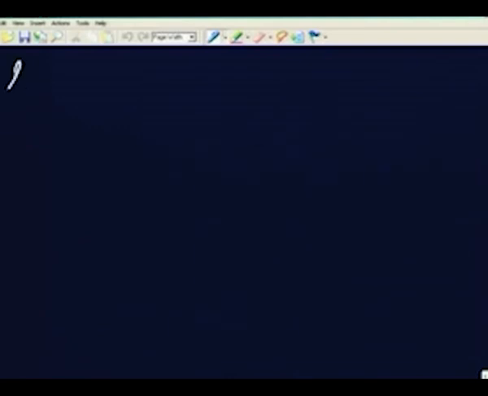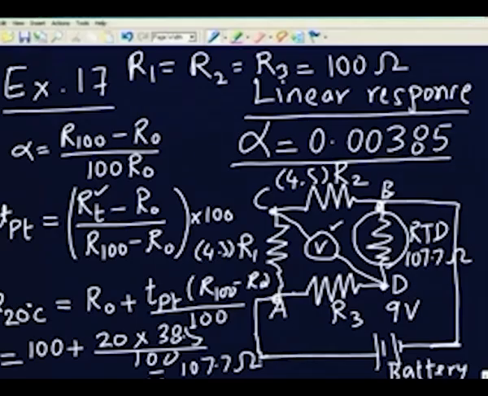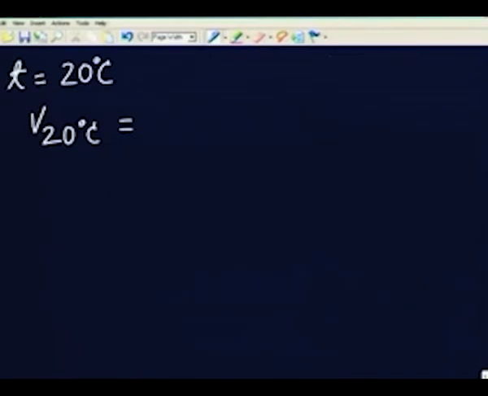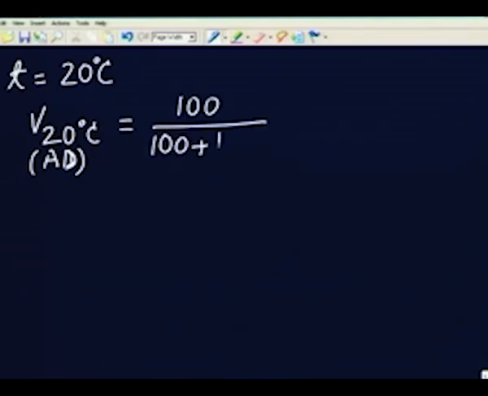So, when T is equal to 20 degrees, the voltage across AD is 100 divided by (100 plus 107.7), which is what we just determined, multiplied by 9 volts.